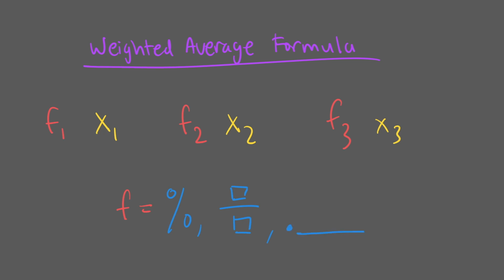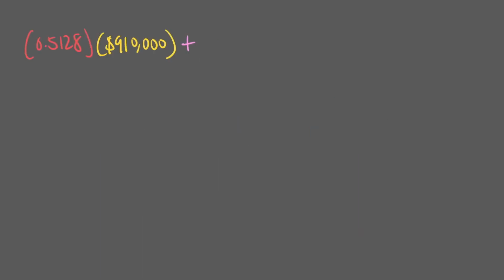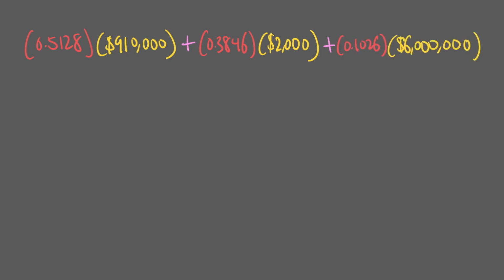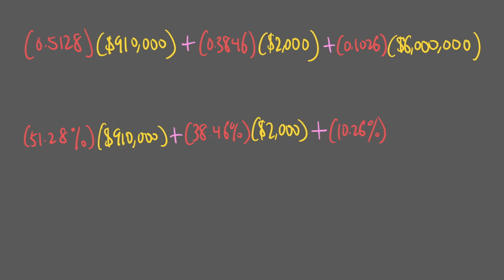So the weighted average of these 3 values would be f1 times x1 plus f2 times x2 plus f3 times x3. Or in our example from before, 0.5128 times $910,000 plus 0.3846 times $2,000 plus 0.1026 times $6 million. Or 51.28% times $910,000 plus 38.46% times $2,000 plus 10.26% times $6 million.